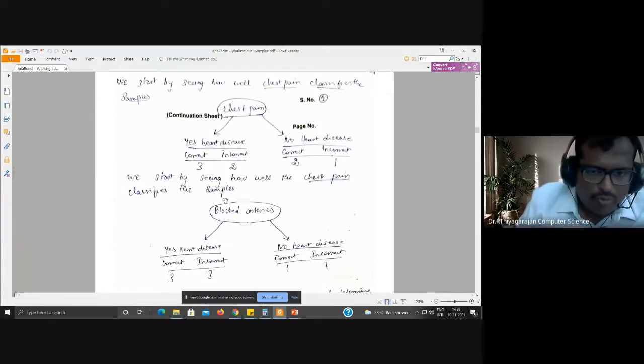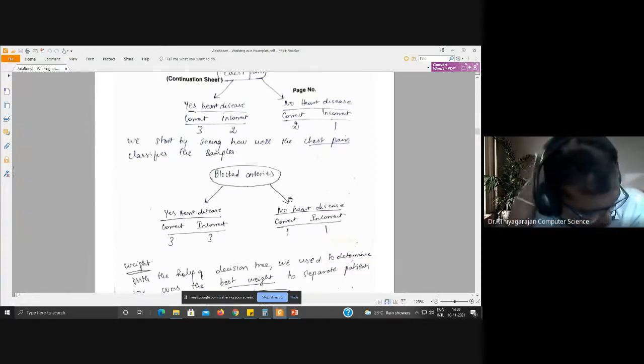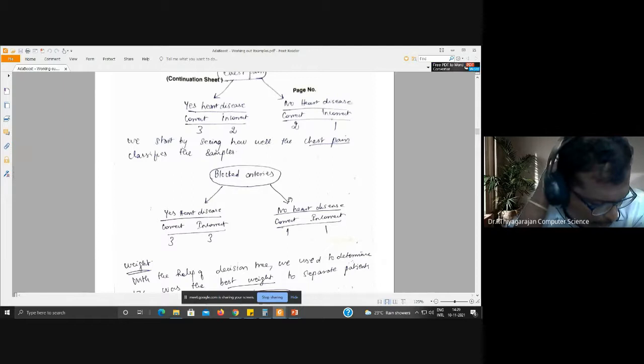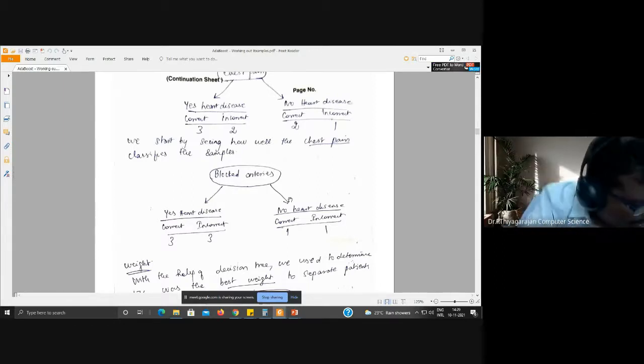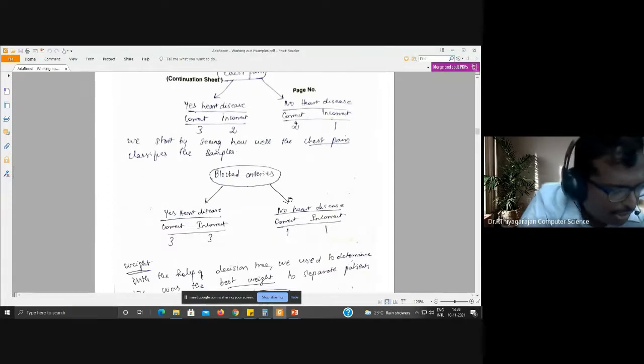Next, look at the blocked arteries. The same thing you can do. Check how many times, if there are blocked arteries, there will be heart disease. If there are blocked arteries, heart disease is 3. And if there are blocked arteries, how many times is there no heart disease? 3.